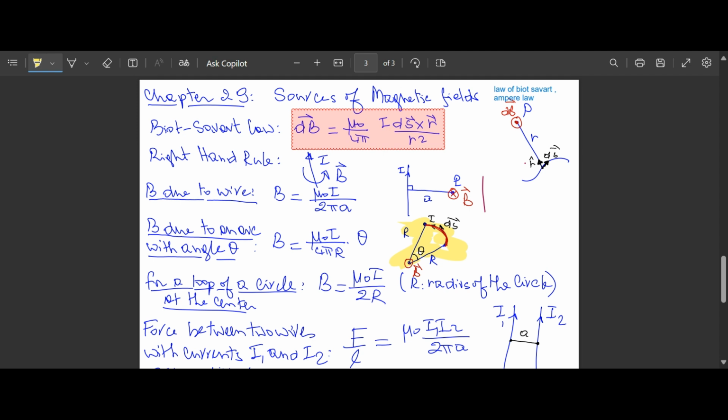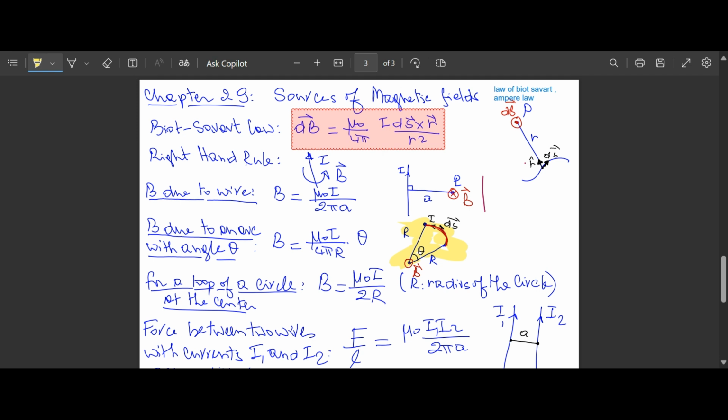In this situation there is a formula: B equals mu0 I over 4 pi R multiplied by theta. For a straight wire, B equals mu0 I over 2 pi R, where I said R here. If it's A, it's A; if it's R, it's R. But this one is only for MCQ.